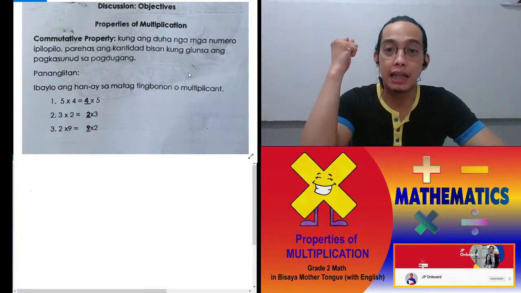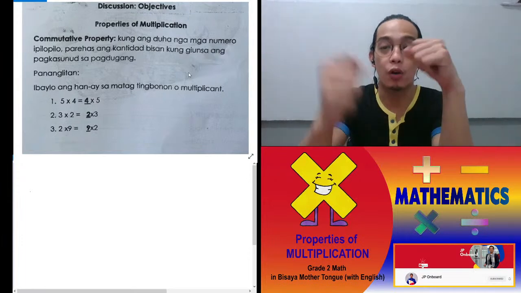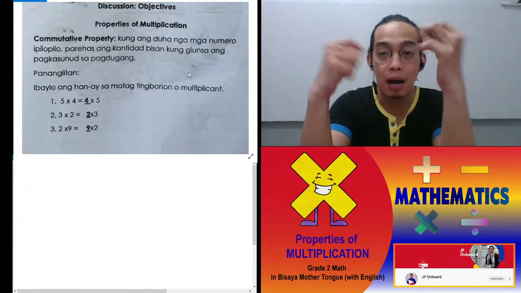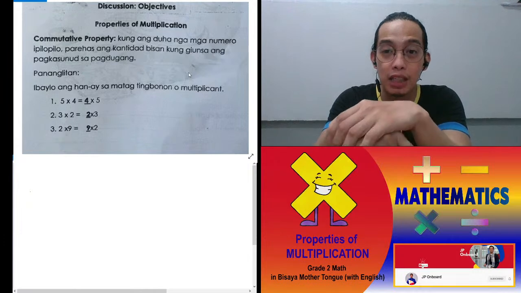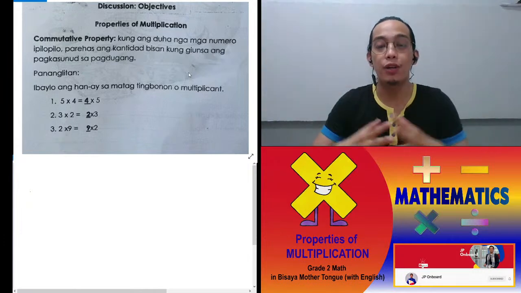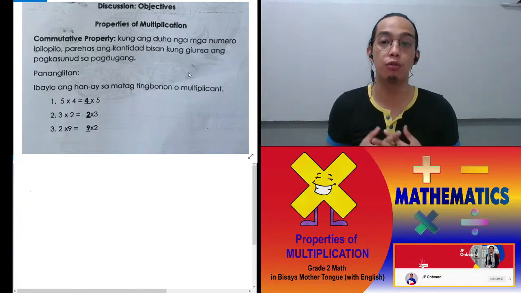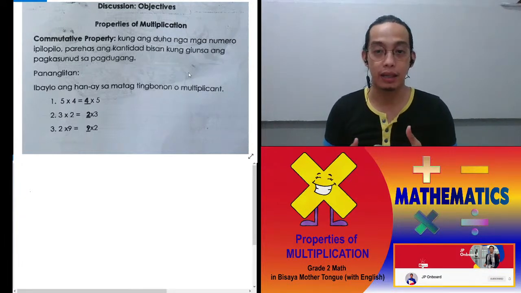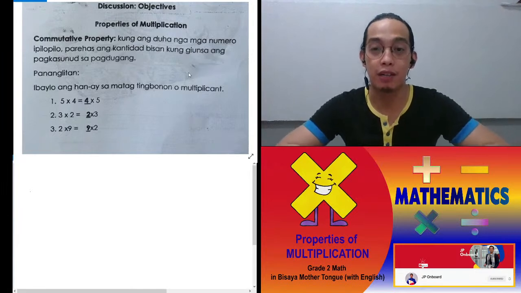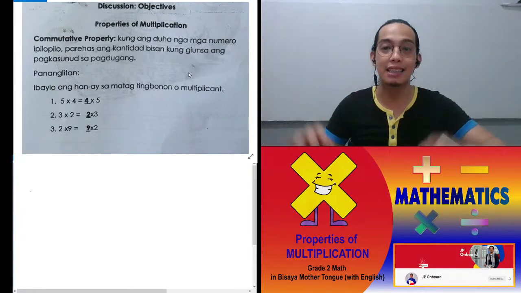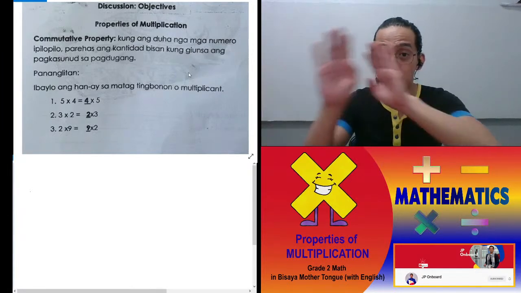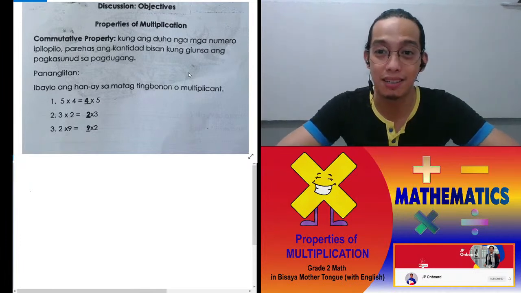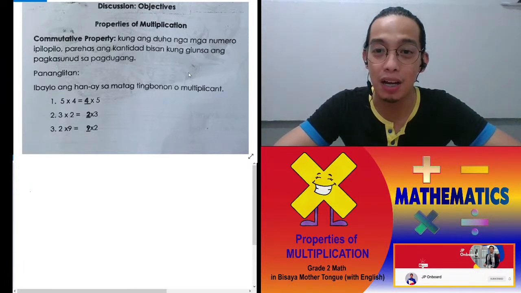So pwede kani times ani or kani times ani, pareho ra ang iyang tubag. Okay, so regardless of arrangement, two numbers result to the same answer. You'll have the same answer regardless of arrangement if you're multiplying two numbers.